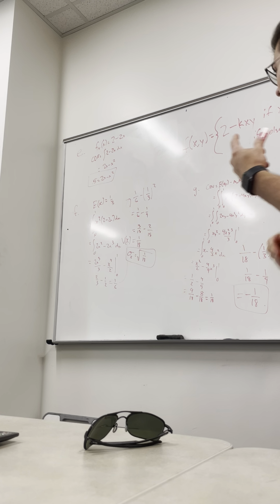Moving right along to F, which asks us to calculate the standard deviation of x. So we knew from a previous part that the expected value of x is a third. The way that we calculate variance, of course, is by doing the expected value of x squared minus mu of x squared, right? That's our classic variance formula.